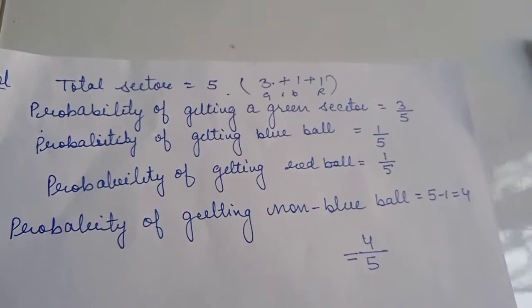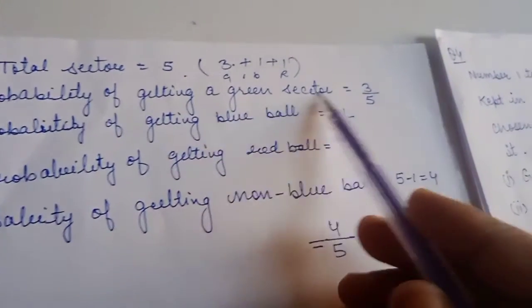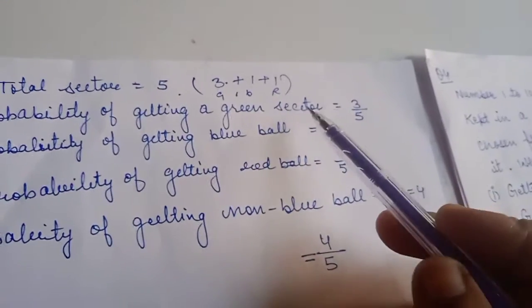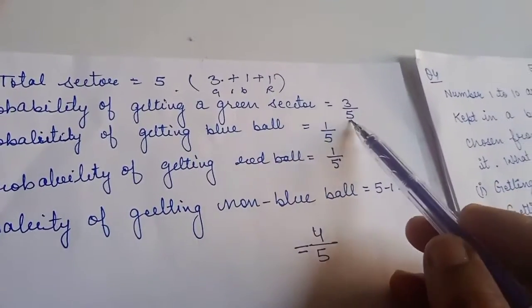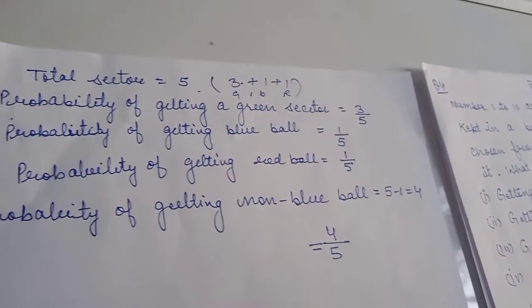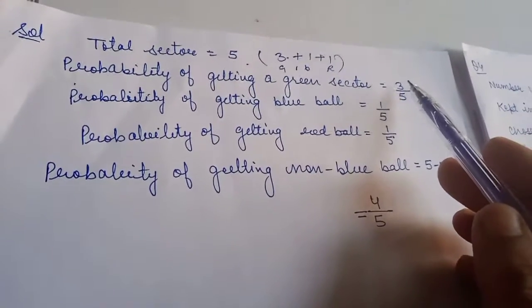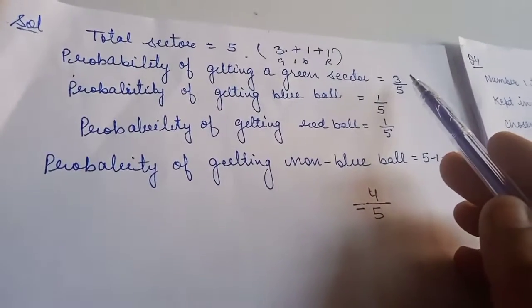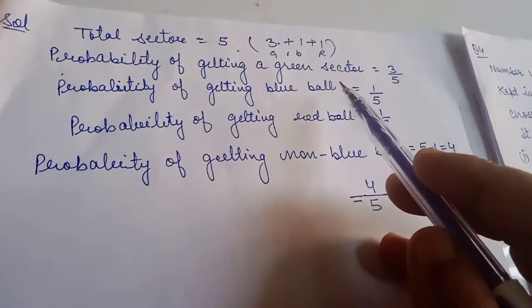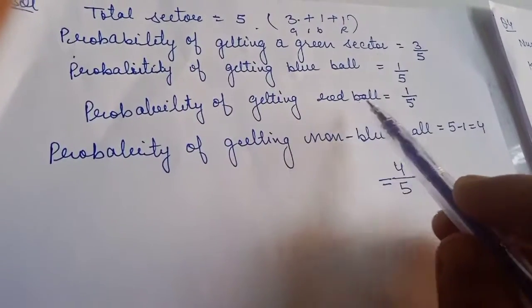Therefore, the probability of getting a green sector is 3 by 5, because there are 3 green sectors. So 3 by 5. The probability of getting a blue sector, and of getting a red sector, is 1 by 5.